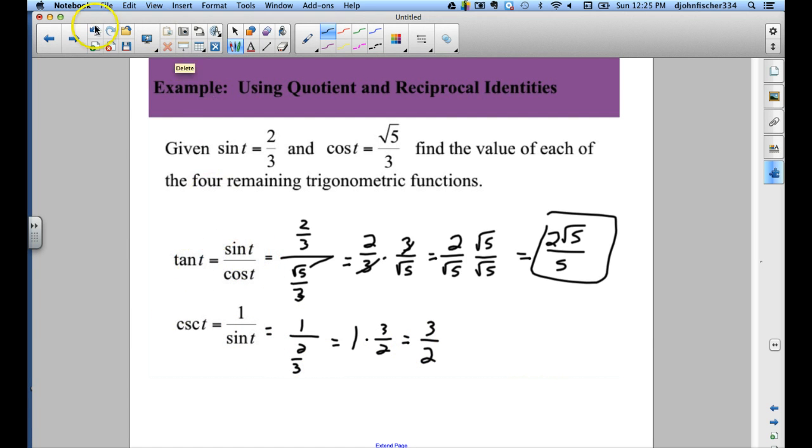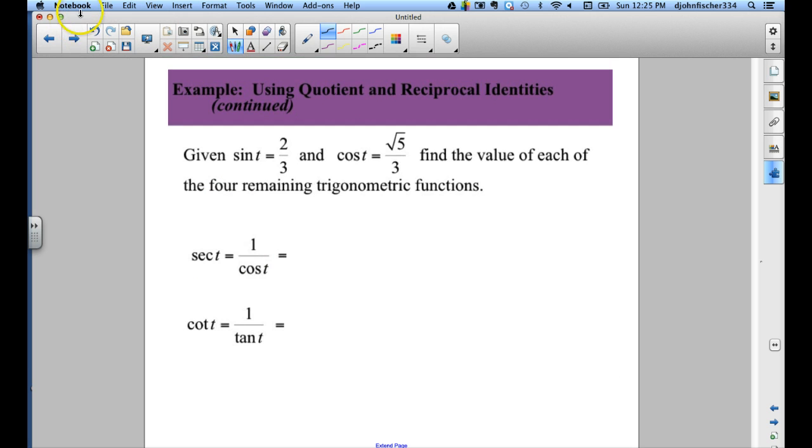The other ones don't. Same rule, secant is 1 over cosine, so here we have 1 over the square root of 5 over 3, which multiplied by the reciprocal is 1 times 3 over the square root of 5, which is 3 over the square root of 5. Rationalize. We're going to get 3 square root of 5 over 5.